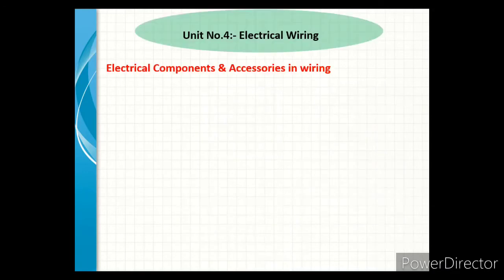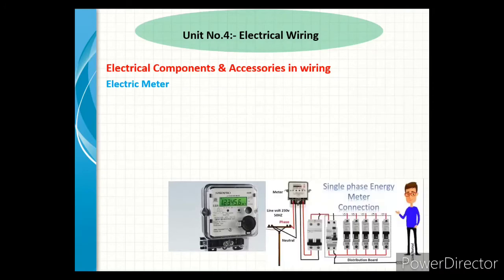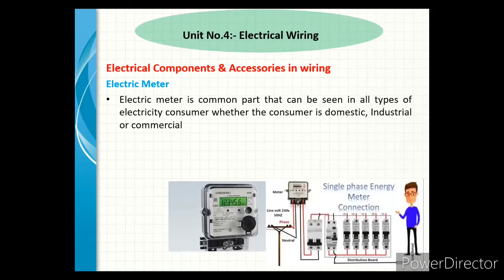Our first component is electric meter. Electric meter is a common part that can be seen in all types of electricity consumers, whether the consumer is domestic, industrial or commercial.